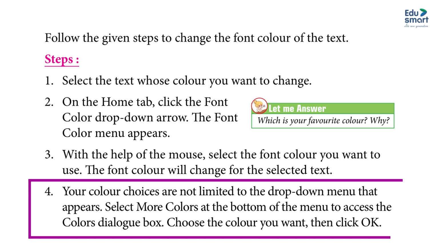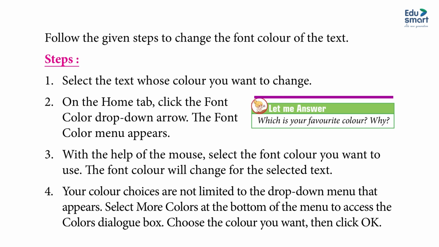Your color choices are not limited to the drop-down menu that appears. Select more colors at the bottom of the menu to access the color dialog box. Choose the color you want, then click OK. Let me answer. Which is your favorite color and why?